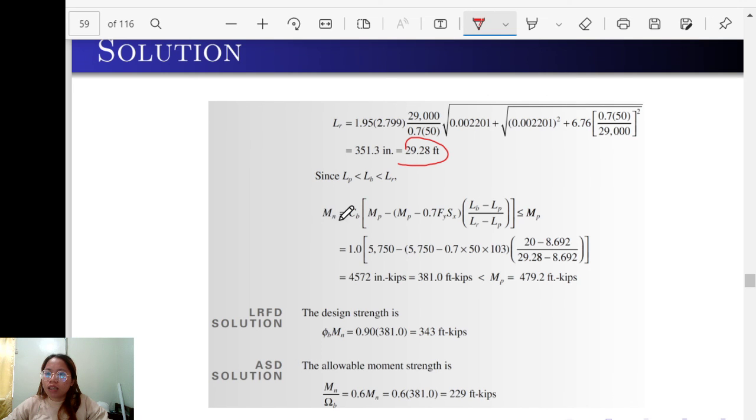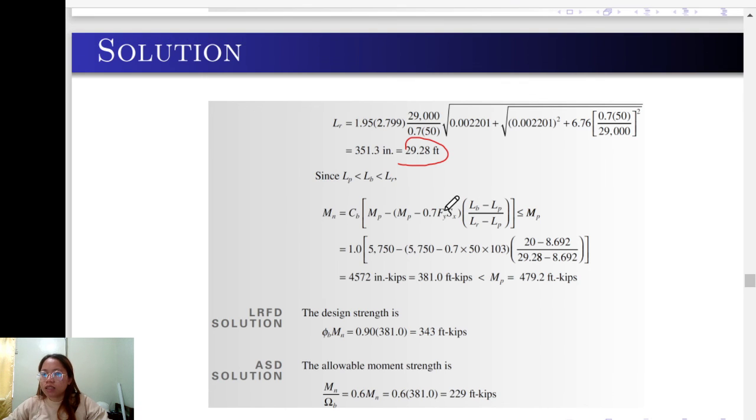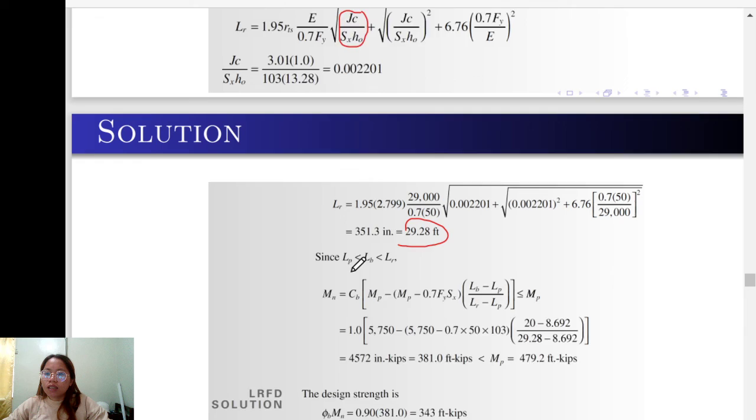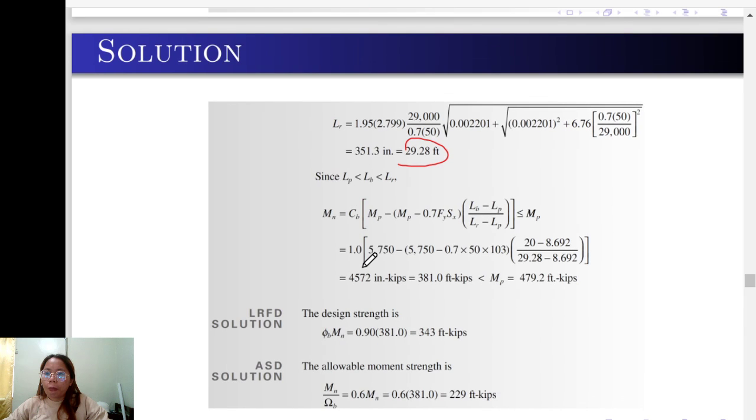Because this M sub n, the nominal moment, is below the plastic moment, no? Because this is still in the inelastic region, no? Then C sub b is given, which is equal to 1.0.